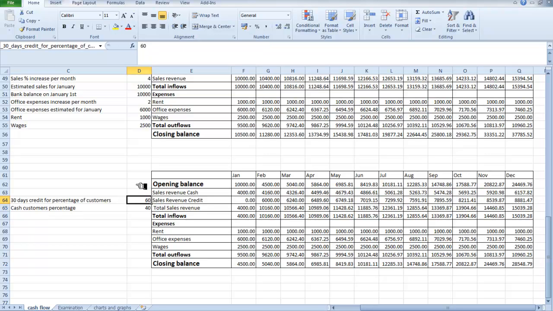So supposing that the business went to 70% of credit customers, then you can see that the cash balance at the end of January would be even lower, and so on. If you went to completely credit paying, then of course you could have some potential difficulties in the first few months, because what happens of course is that you start with a very low closing balance at the end of the very first month.